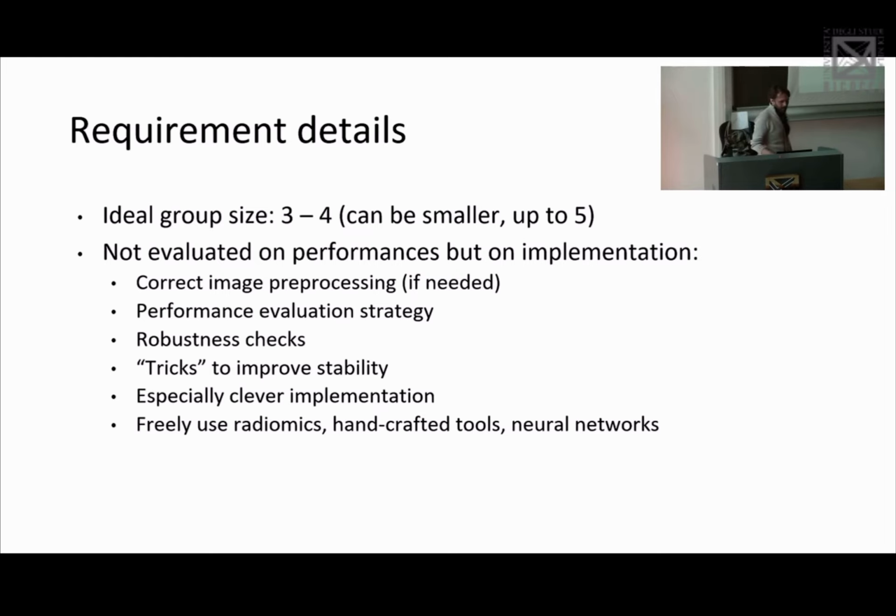Of course, clever implementations will be appreciated, and you can freely use either radiomics, handcrafted tools, or neural networks. Generally, the most popular choice has always been neural networks.